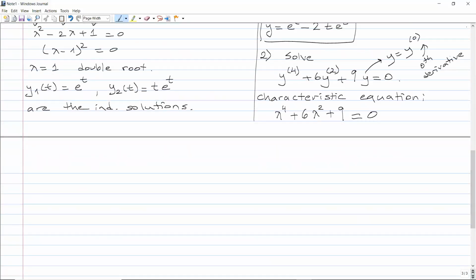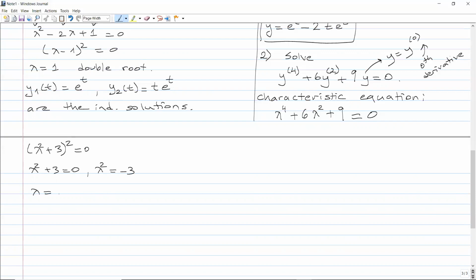Okay, so we can factor this. This is just the square of lambda squared plus 3, right? Lambda to the 4 plus 6 lambda squared plus 9. So we have lambda squared plus 3 equals 0. So lambda squared equals minus 3.